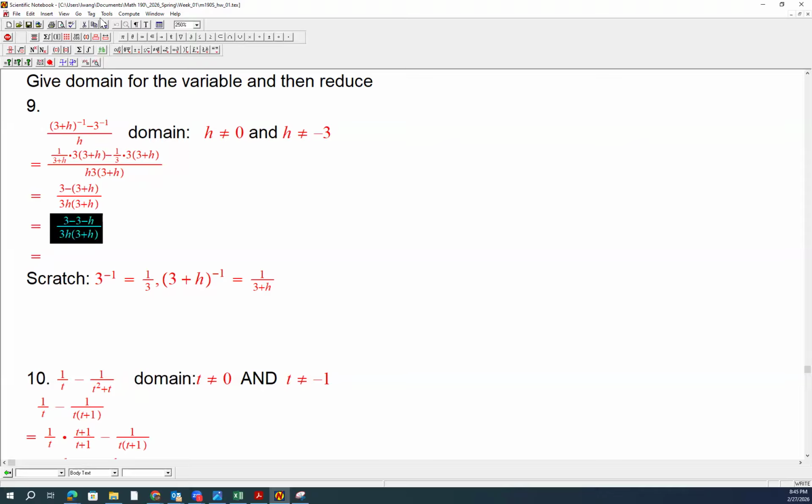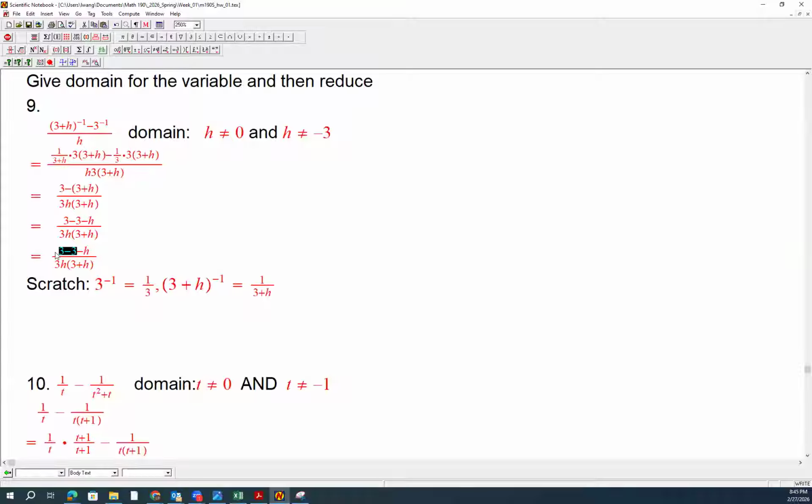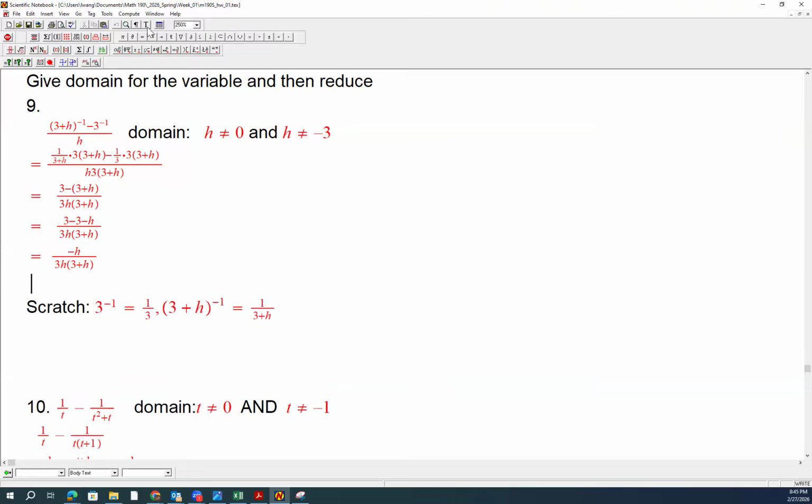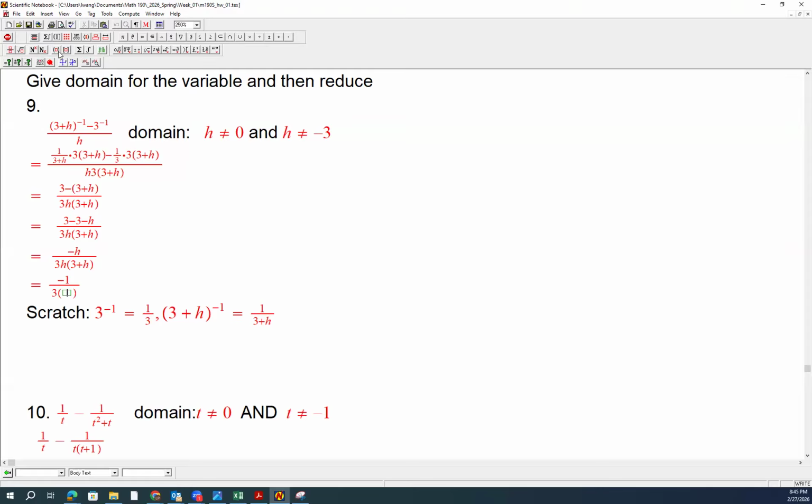So after that, we get 3 minus 3 gone. And now this h and the next h can be reduced. We get to the point that we have -1 on the top and 3 times 3 plus h.